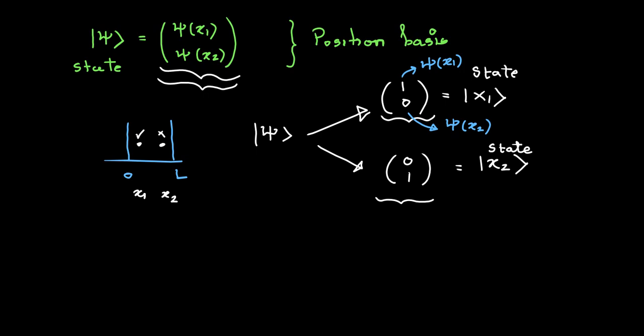So now I think we have got an intuitive feeling of why this state notation came into the picture and how it can help us. Now let's continue with something interesting.